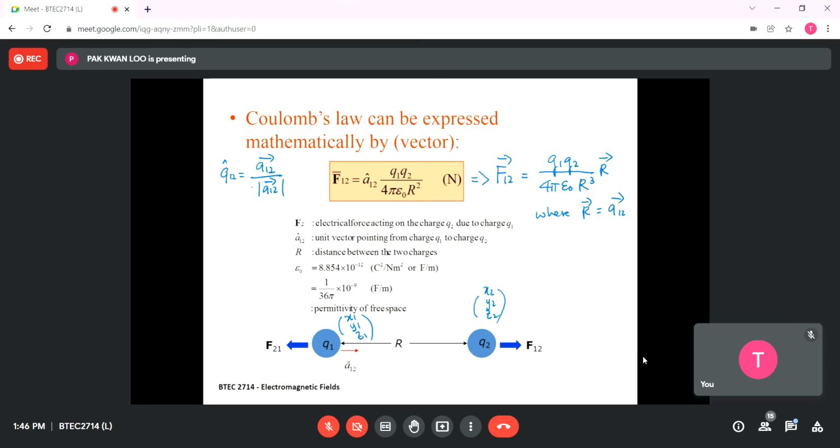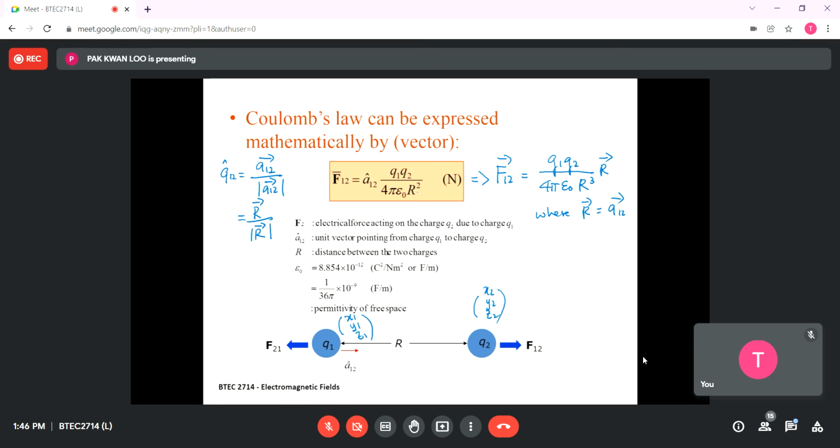This is the unit vector notation, or maybe I can write this as R over magnitude of R. Of course, this R squared here has no arrow on top, so it is the magnitude.